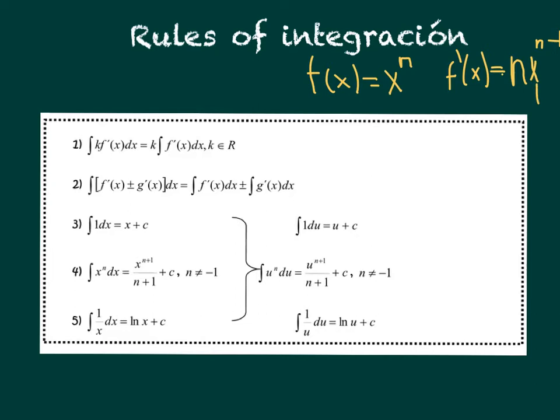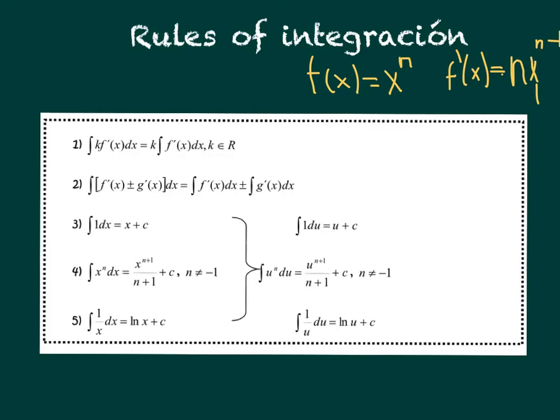So now we have the opposite. Now we have the integral of x to the n times differential of x. The integral of x to the n times differential of x equals x to the n plus 1, because for the derivative we subtract 1 from the exponent.